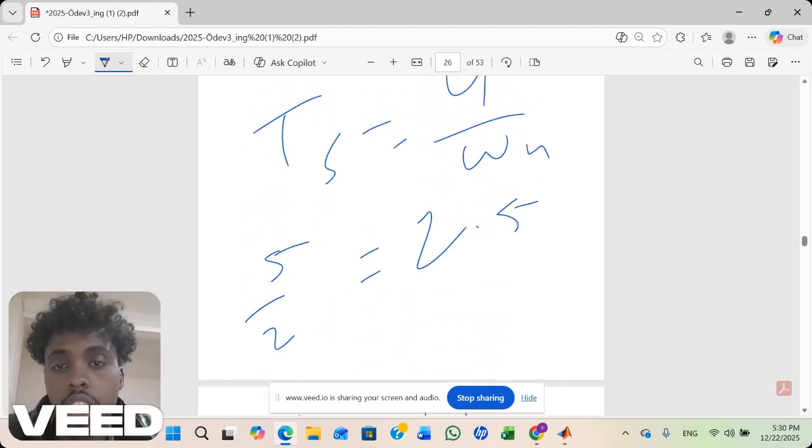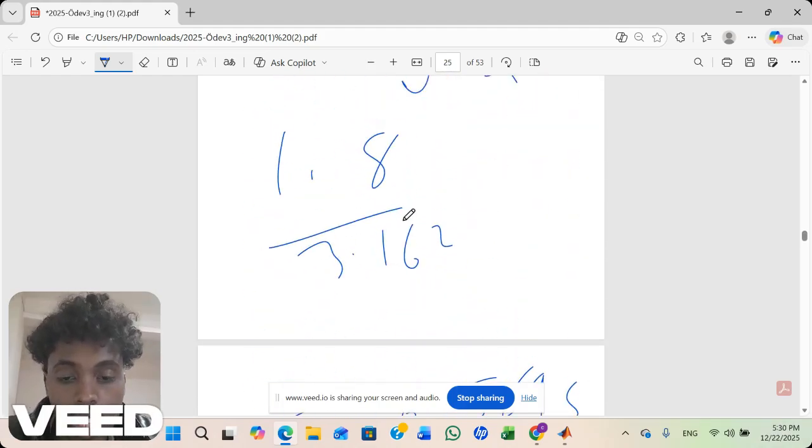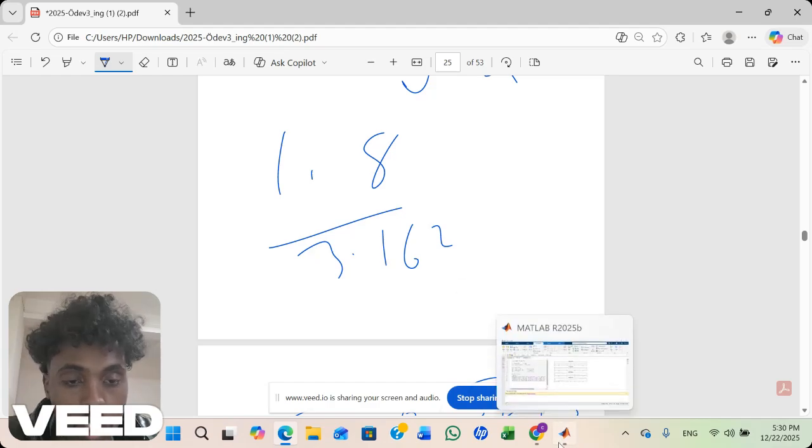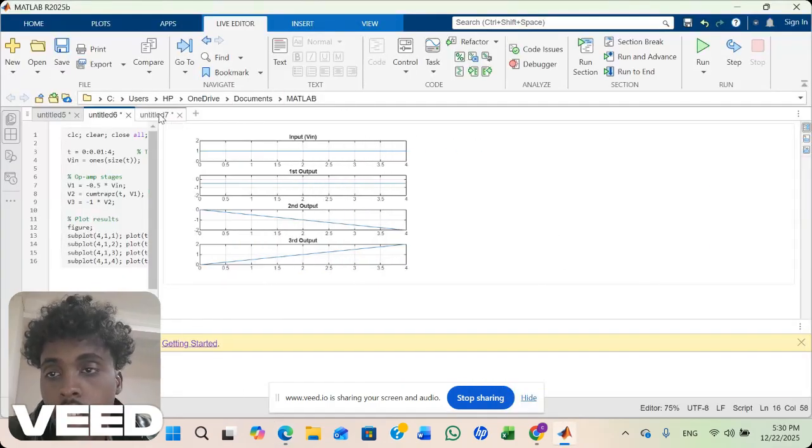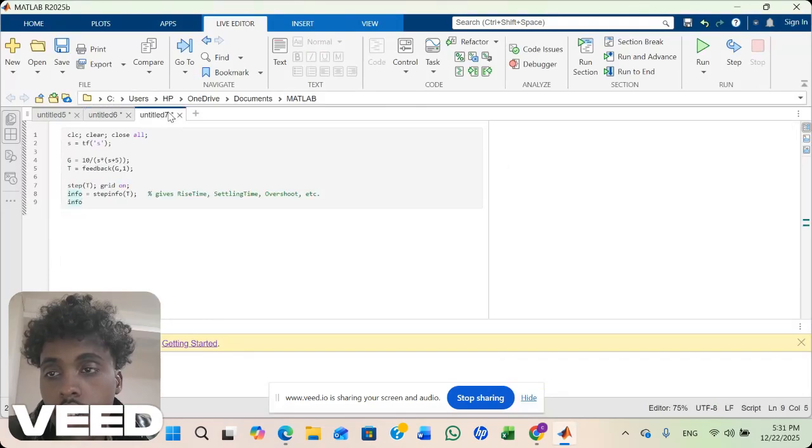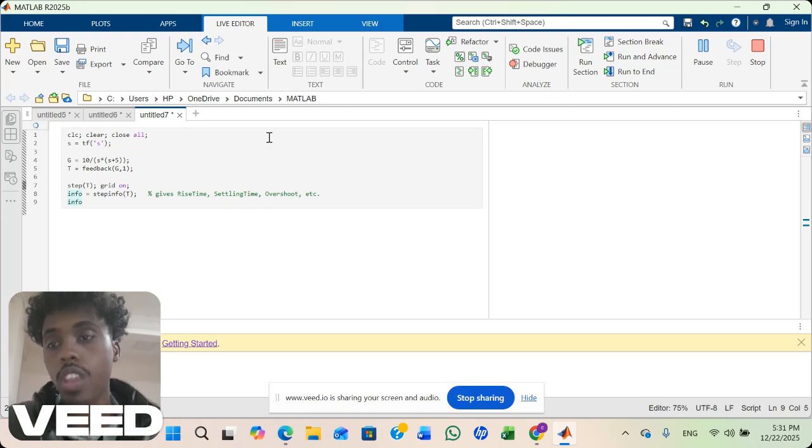So we have to check this one also, the code. This is the code also. We have to run this one also. We will wait until it's working.